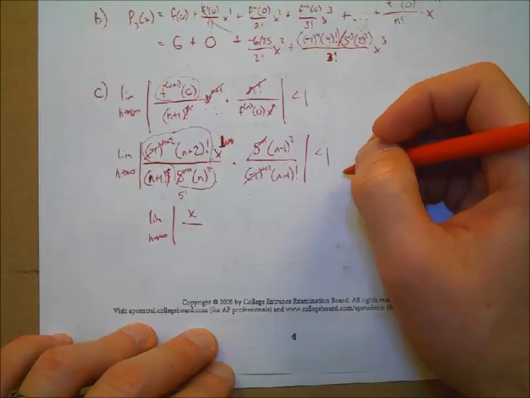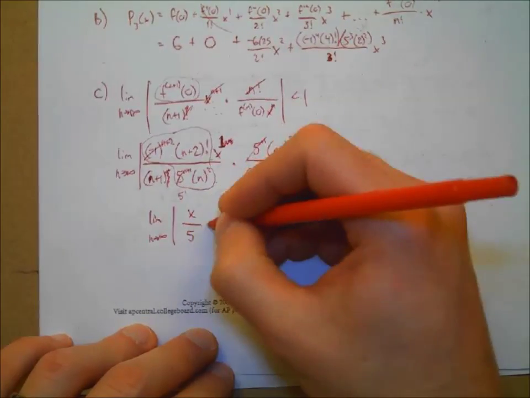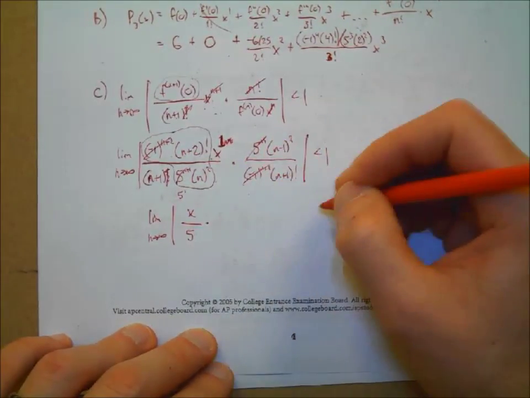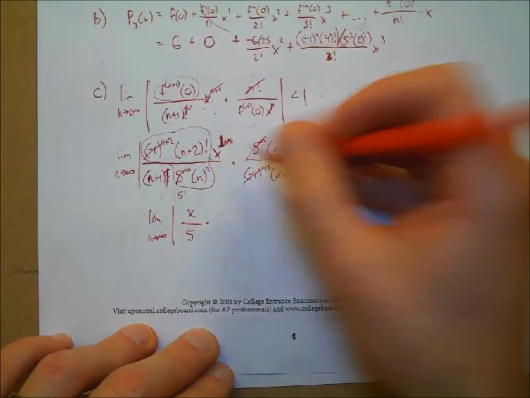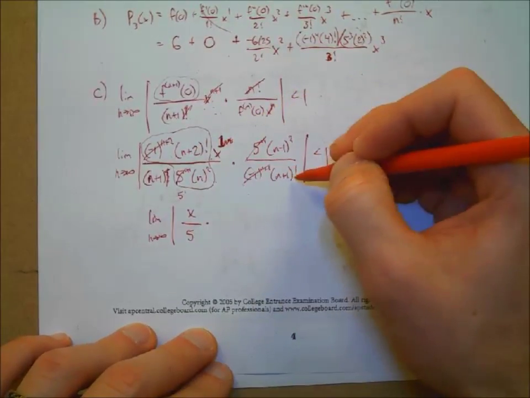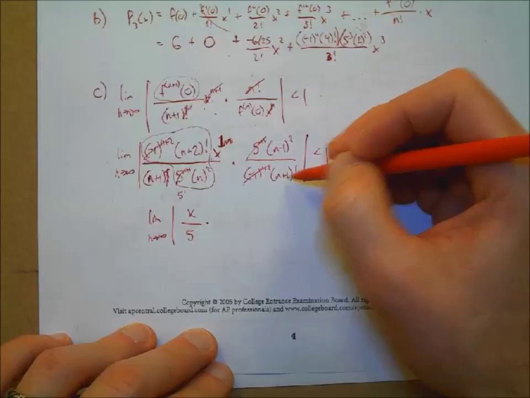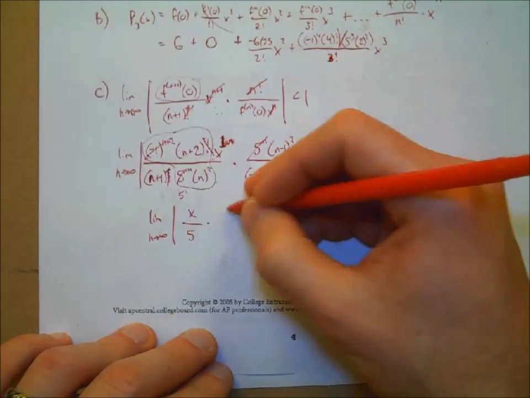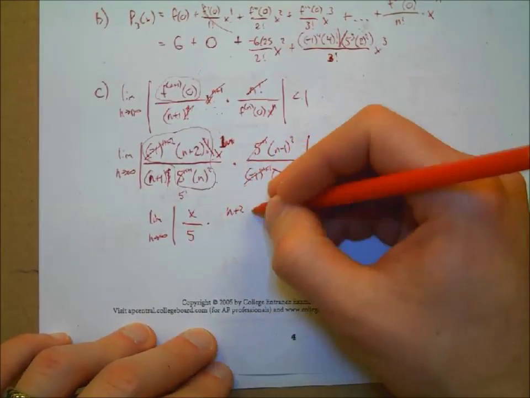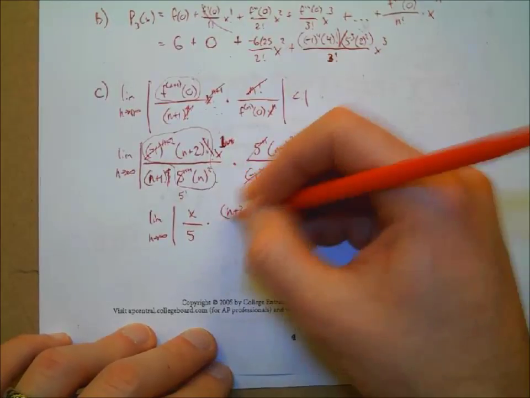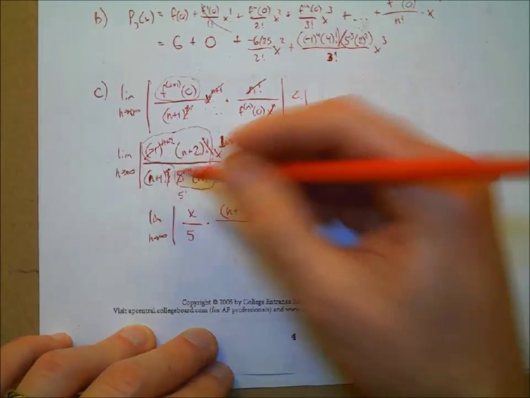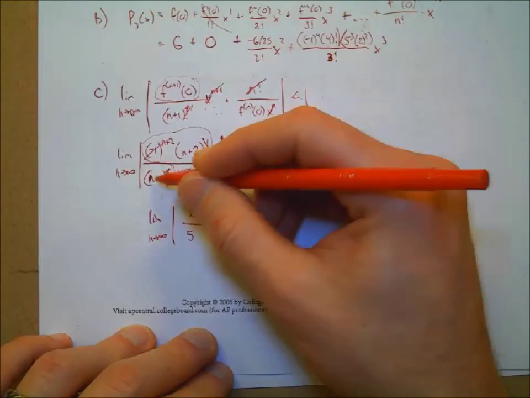So we have x over 5, and then times, now I'm going to group all my n terms over here. The (n+2) factorial and the (n+1) factorial, that's going to simplify to just what? Yes, so we can cancel out that and cancel that. We have n+2, but then that's times (n-1) quantity squared over (n+1) times n squared.